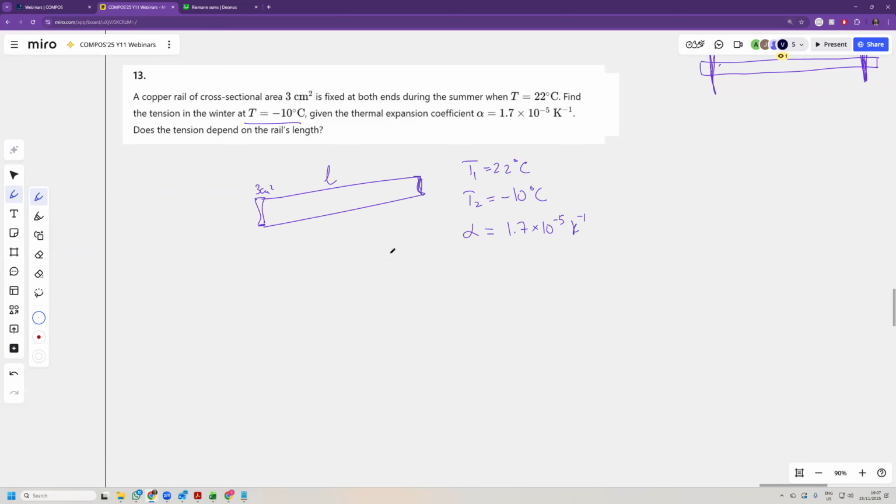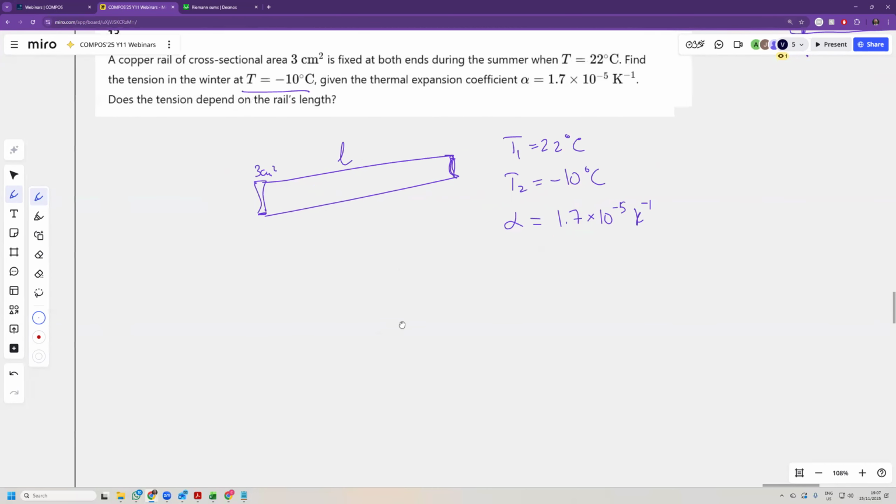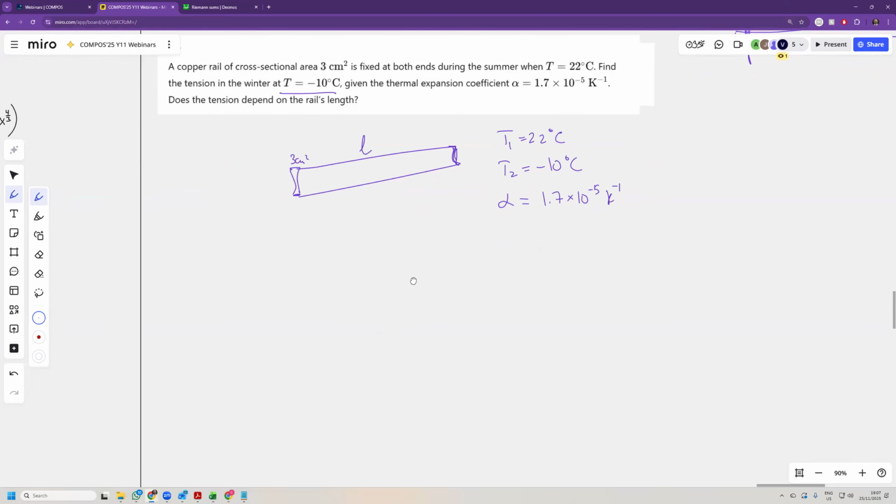Now, first of all, let's find by how much the rail should shrink.